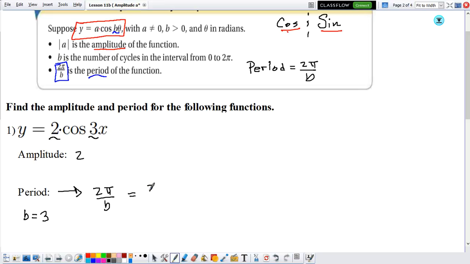So that means that the period of the function is 2 pi over 3. And that's it. Amplitude is the number in front of the function. Period, we need to find out what b is, where b is always going to be the number inside the cosine. We use our formula, 2 pi over b, so we just plug it in, and that's what we have here.